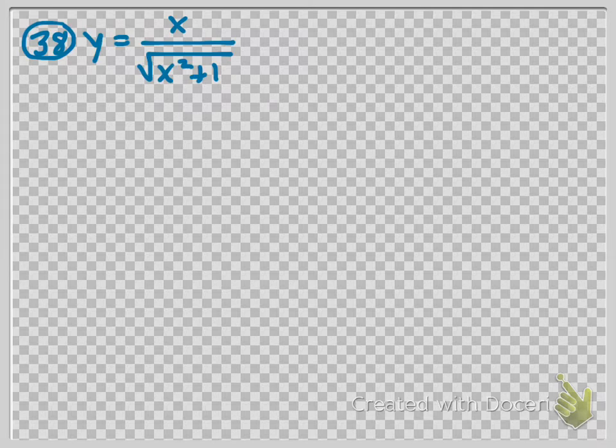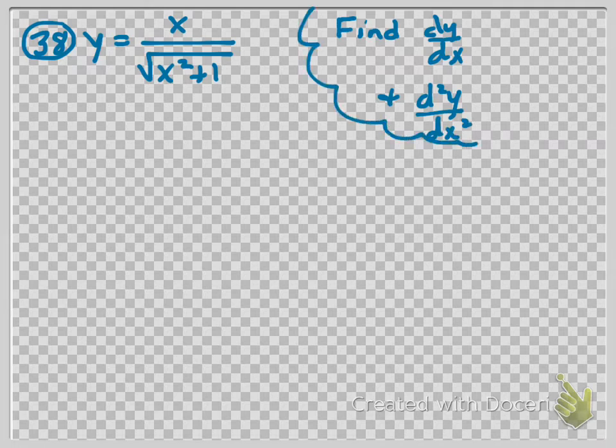Your directions here are, and we'll jot this over to the side so you'll know how you knew to do this, find dy dx and d2y over dx2. What does that mean we're going to have to do? We're going to have to find our first and second derivatives.